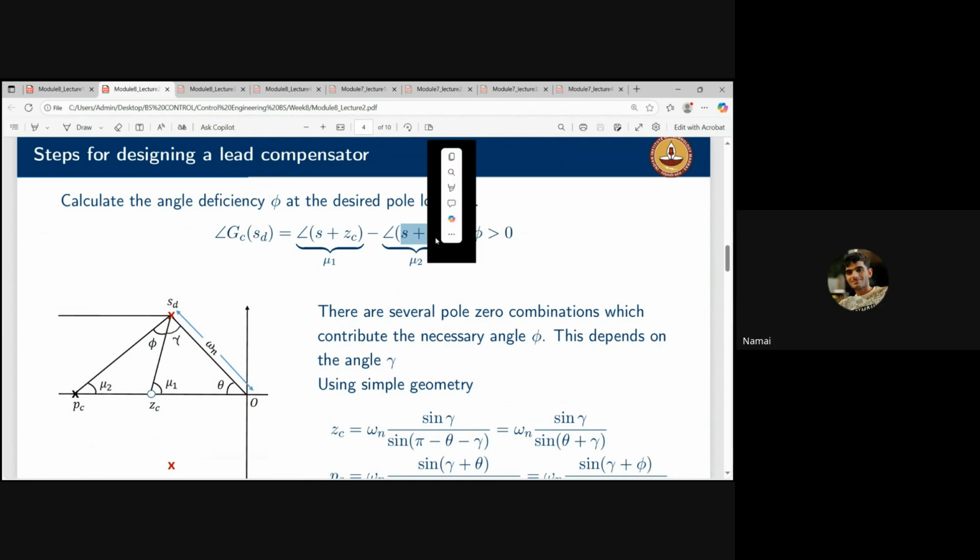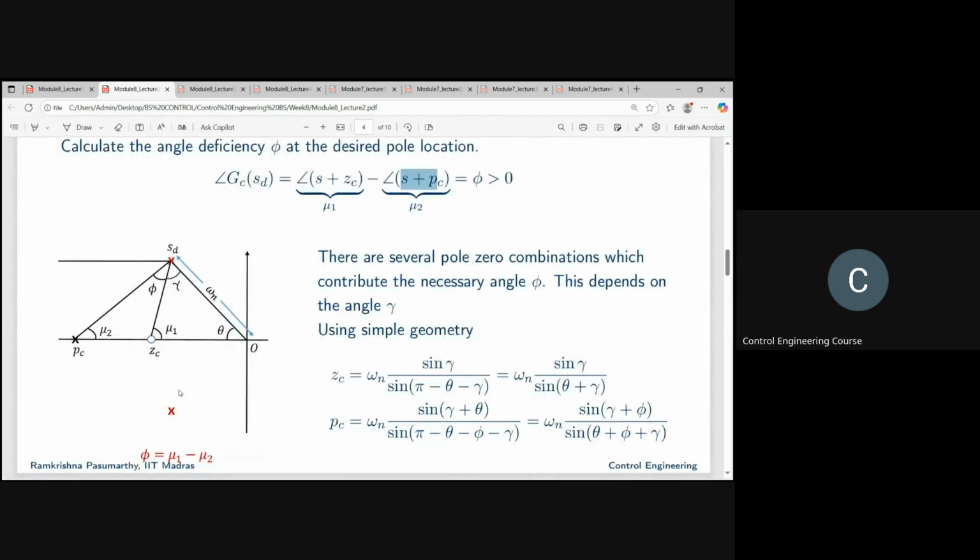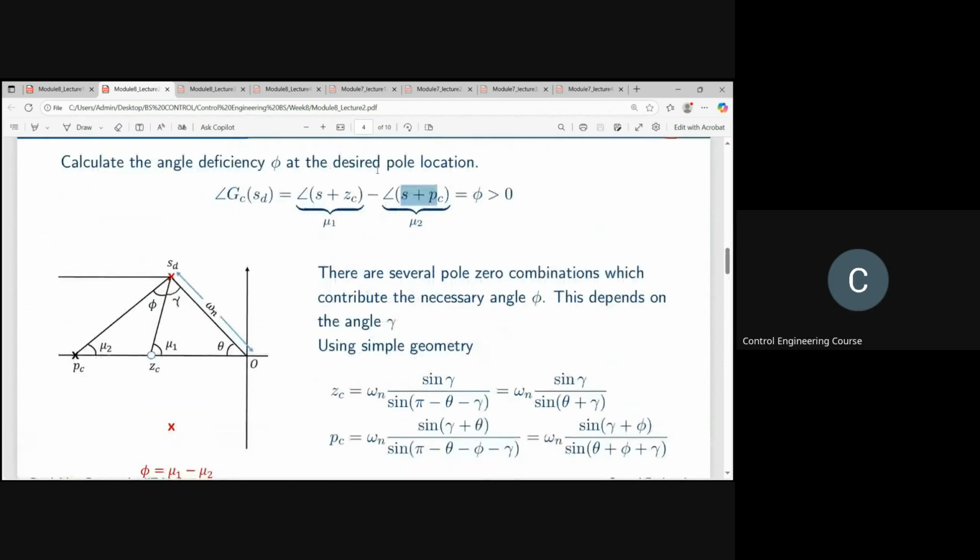This is nothing but we are basically taking the angles. So this angle mu2 and mu1, phi is basically the angle that you want. Phi is just basically this angle deficit that the compensator needs to supply.